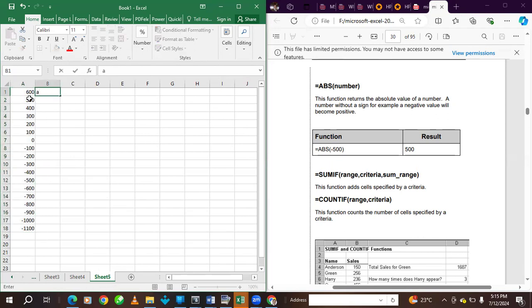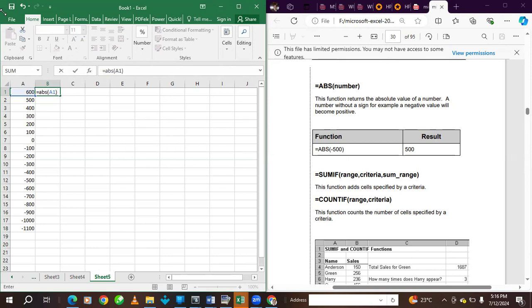ABS. After typing ABS, now you click the number in this case. Then you close the bracket. So ABS shows the absolute value for any given figure.